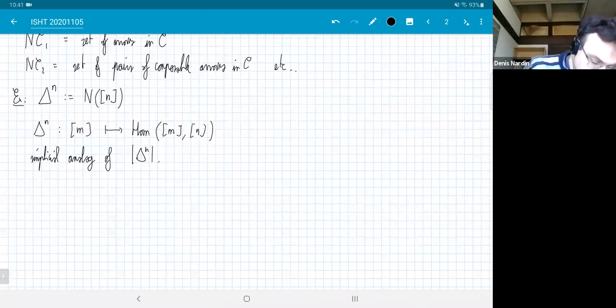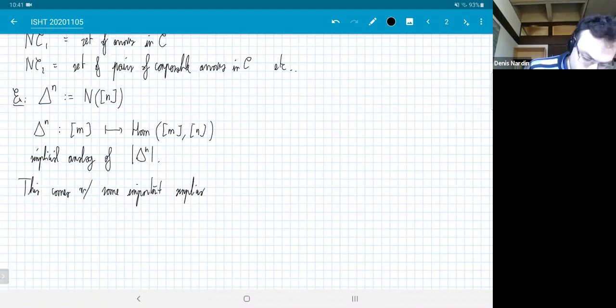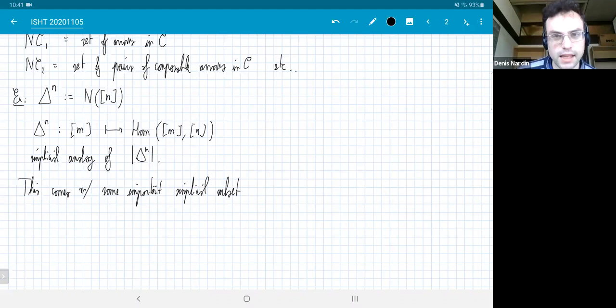And this guy comes with some important simplicial subsets. Okay, I haven't defined what a simplicial subset is, but essentially you give a subset for each X[n] in a way that's closed under the maps.